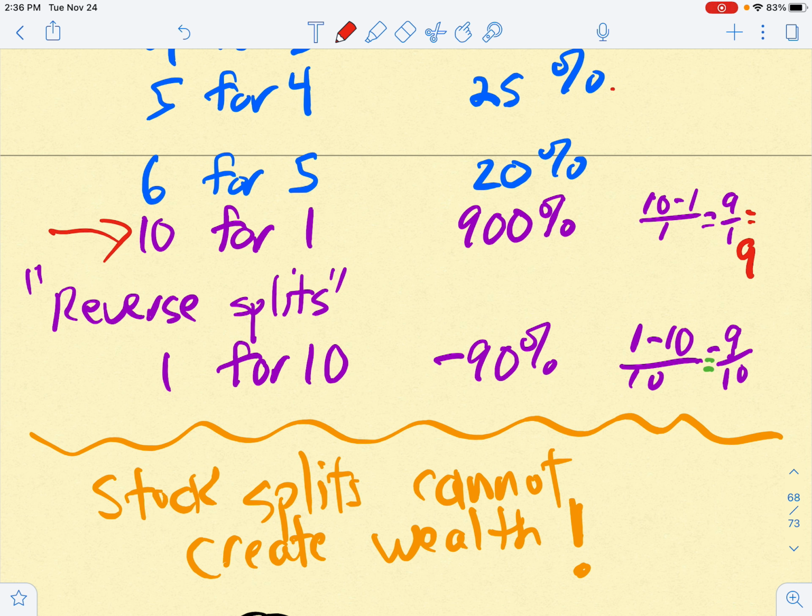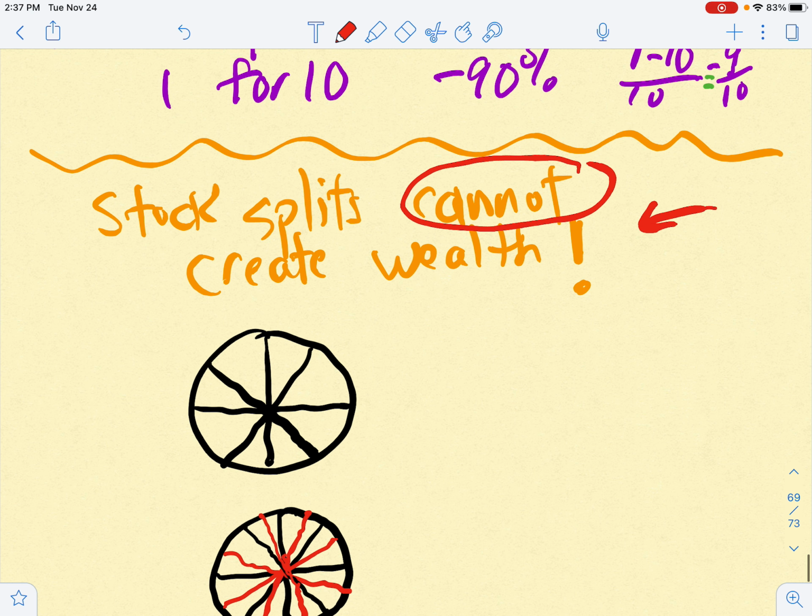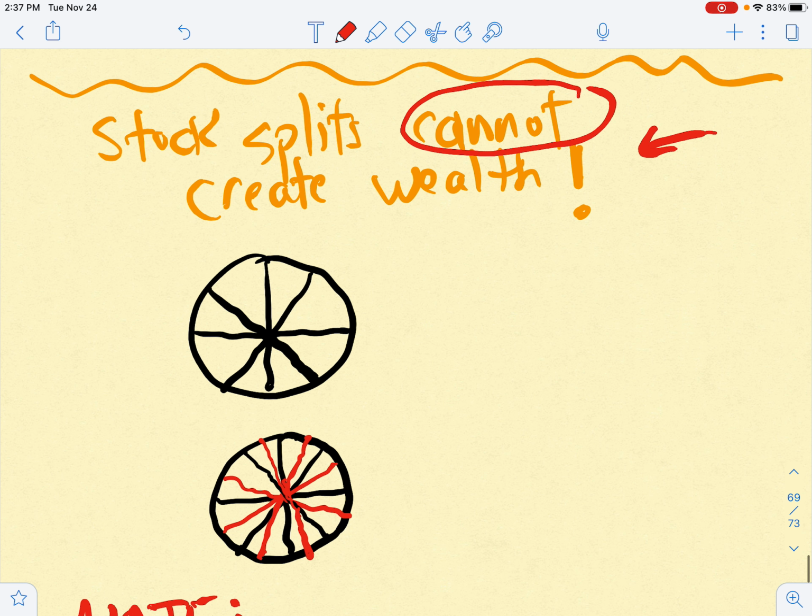Okay? Now, of course, stock splits cannot create wealth. Here's the easiest way to prove that this is a true statement. If stock splits did create wealth, then financial managers would be executing stock splits all day long. Case closed. If stock splits could create wealth, which they can't, that would be as ridiculous as the following. So here is a pizza.